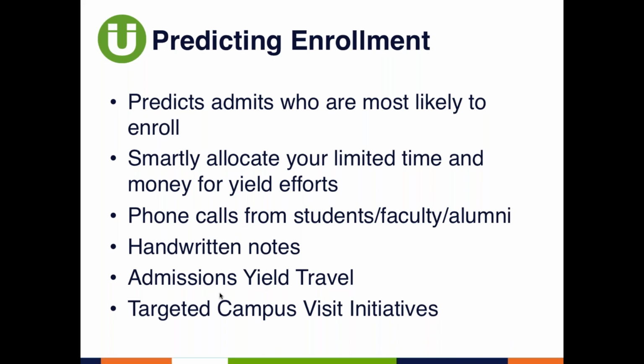And I think when we're talking about enrollment, some of these yield efforts are really high touch, really time consuming, and labor intensive. When you're talking about email, you could send a theoretically infinite number of emails, basically, right? Or you can send a bunch of direct mail.